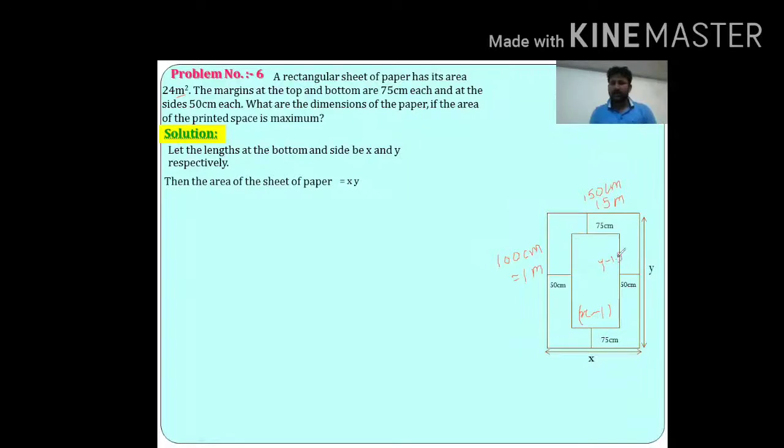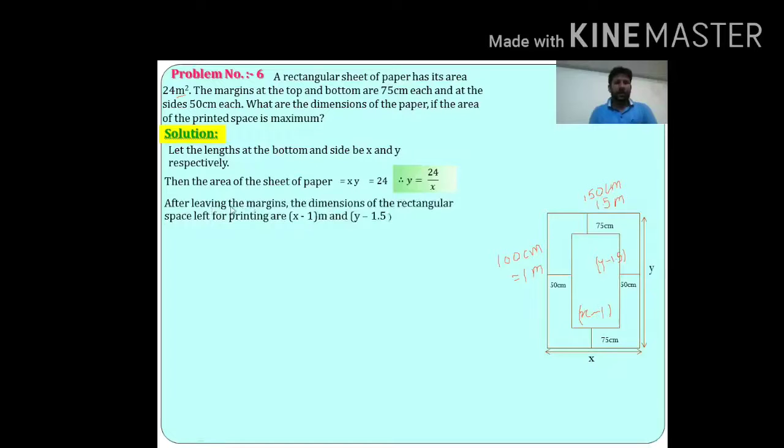So these are the dimensions for the printed space on that rectangular sheet. So let us see the value after leaving the margins. The dimensions of the rectangular space left for printing are x minus 1 meter and y minus 1.5 meters.